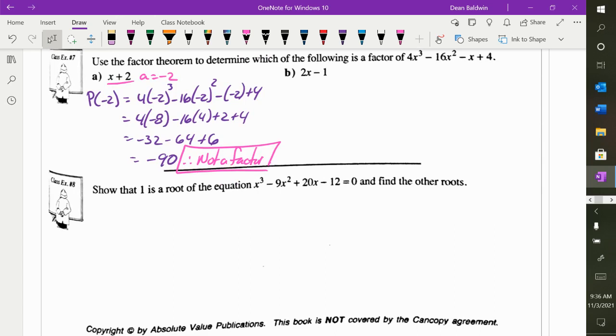This says, show that 1 is a root of the equation and find the other roots. Roots are just another way of saying factors or x-intercepts. So 1, this is your a value.